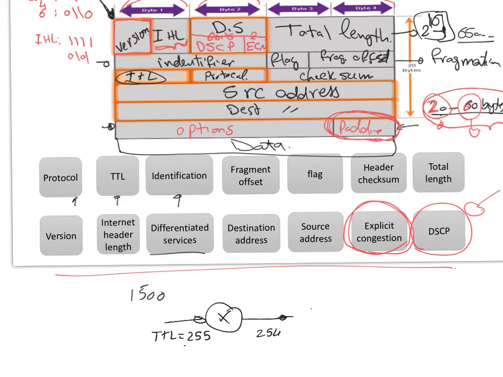Each router that receives the packet and performs routing has to decrement this by 1. So if the packet goes to a router and the router finds this TTL equals 0, this means that this packet has passed through 256 routers without reaching the final destination.